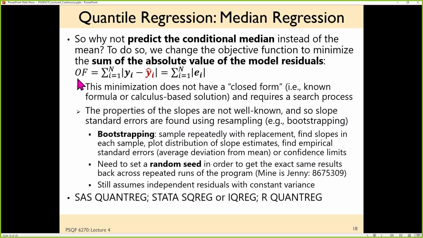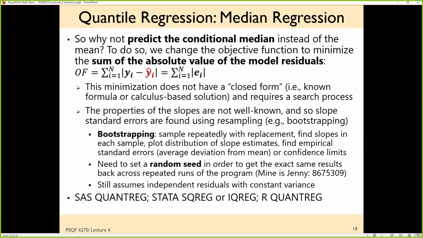What it does for its objective function is minimize the absolute value of the residuals instead. This does not have an easy closed form solution because the function is pointed, and you can't differentiate very well once you get down to this point. So we can figure out what the slopes are, but we can't easily figure out what their standard errors are.